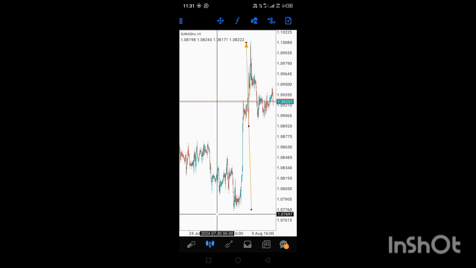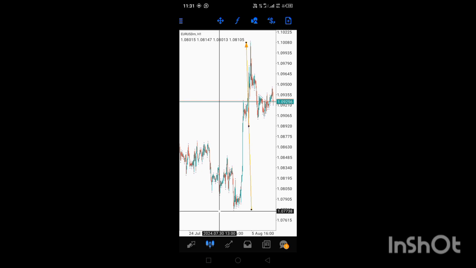Assuming your stop loss is 1.0730, 60 minus 30, you will be having 30 pips.